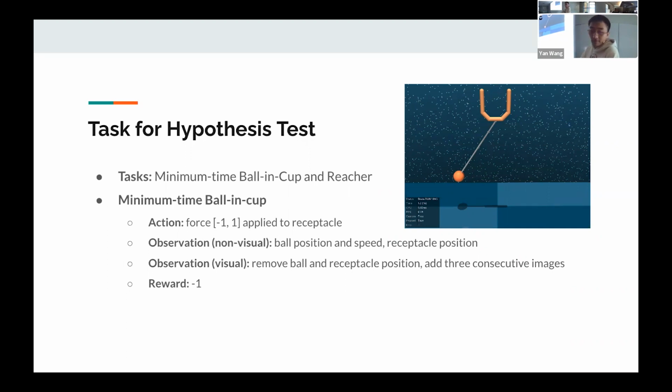For the non-visual task, the observation includes the position and the speed of the ball and the receptacle. For the visual task, we remove the position information since that information should be inferred from the images. We stack 3 consecutive images to provide history to the agent. The action is a force applied to the receptacle. The reward is -1 for each time step.